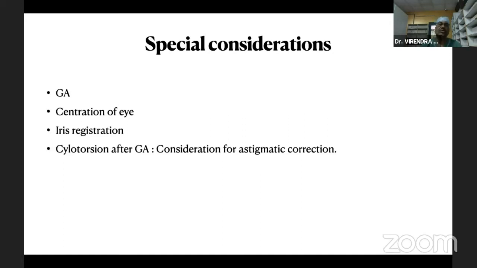The big issue is that adult patients cooperate by maintaining their vision at the visual axis. It means they keenly focus on the visual axis. The target is there in the laser, and when they look at that target point, the corrections are done on the visual axis, which is actually required. But in a patient under anesthesia, the eye will roll up or be decentered.